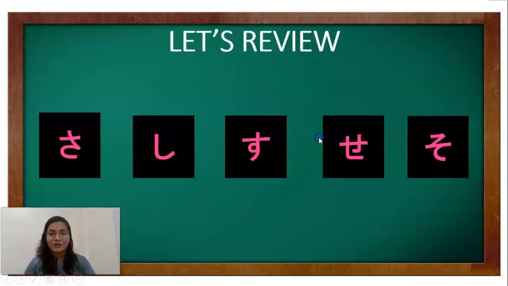Okay, now let's review the S row. This is sa, shi, su, se, so. Please try it. Okay, good job for that.